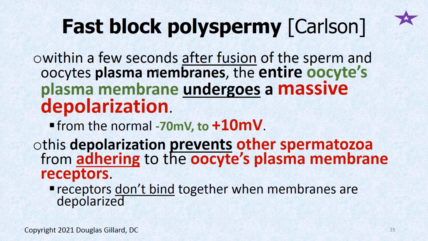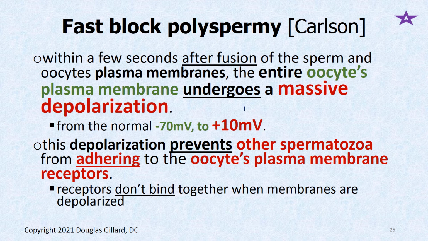Fast block is the first one we'll talk about, fast block polyspermy. So when the sperm gets through the plasma membrane of the oocyte, something physiologically weird happens to it. It depolarizes like crazy. It goes from negative 70 millivolts, which is a normal membrane voltage, to plus 10 millivolts.